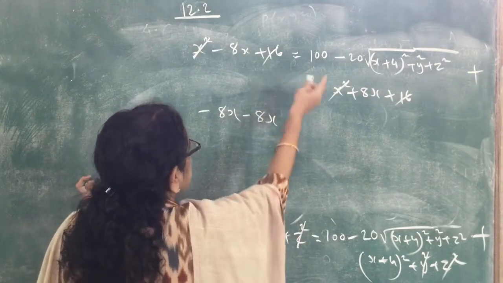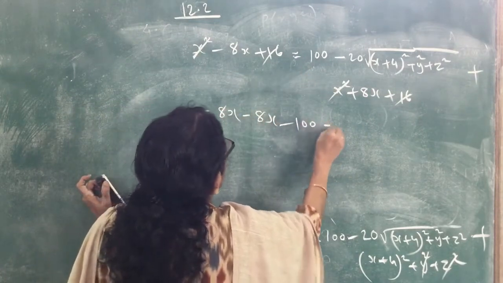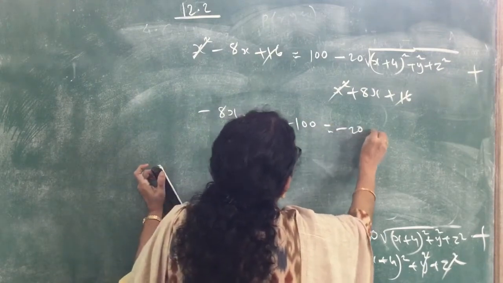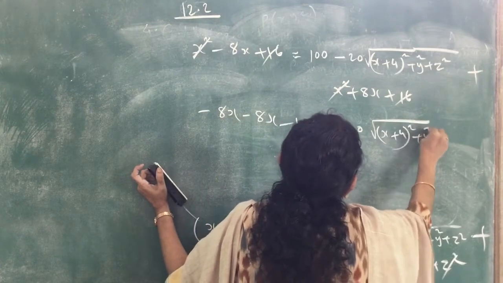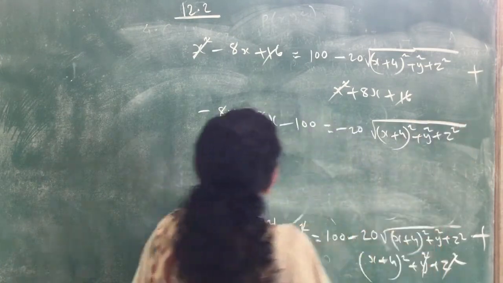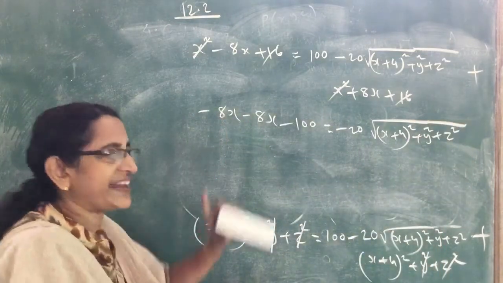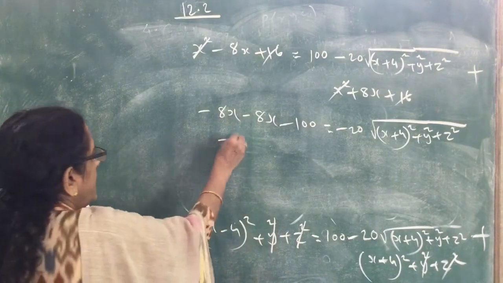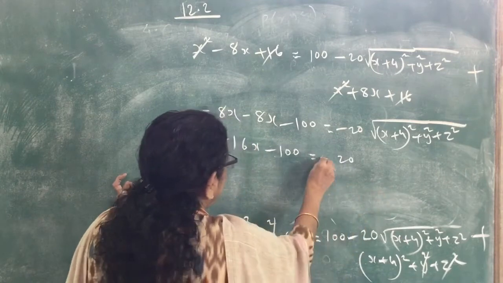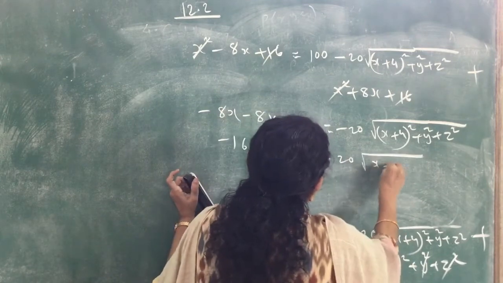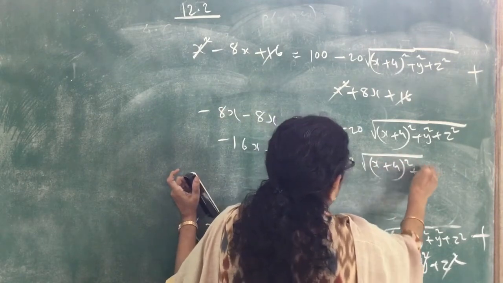Then plus 100 becomes minus 100, equal to minus 20 into root of (x plus 4) whole square plus y square plus z square. Now we simplify: minus 8x minus 8x is minus 16x. So minus 16x minus 100 equals minus 20 into root of (x plus 4) whole square plus y square plus z square.